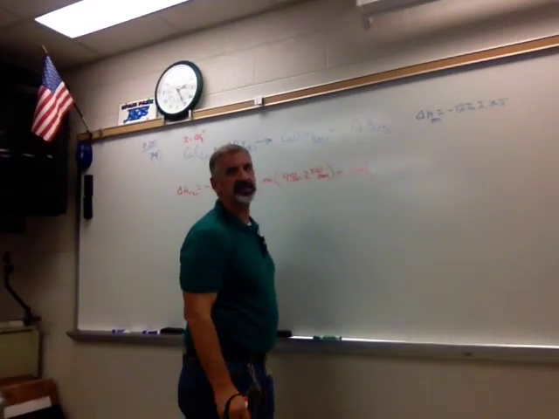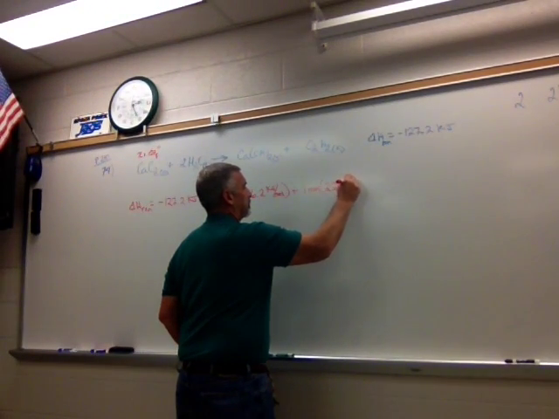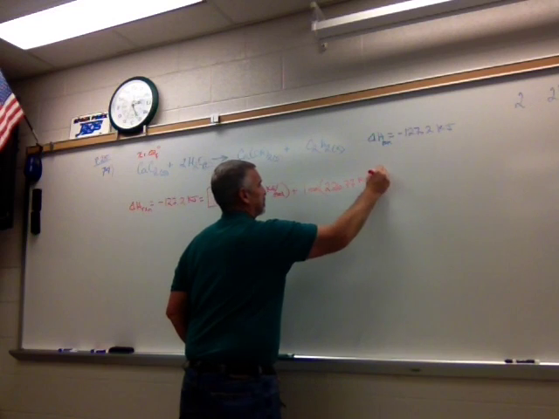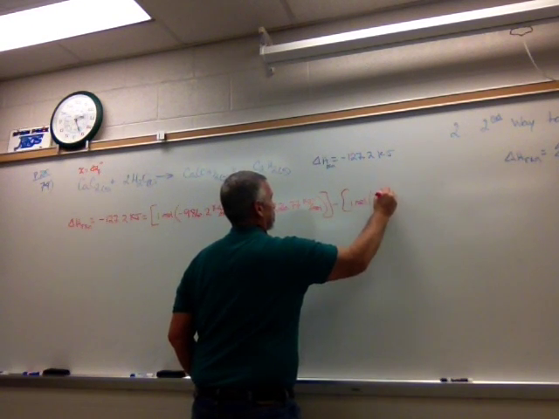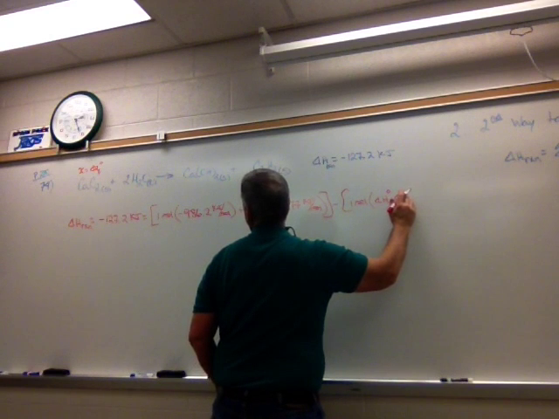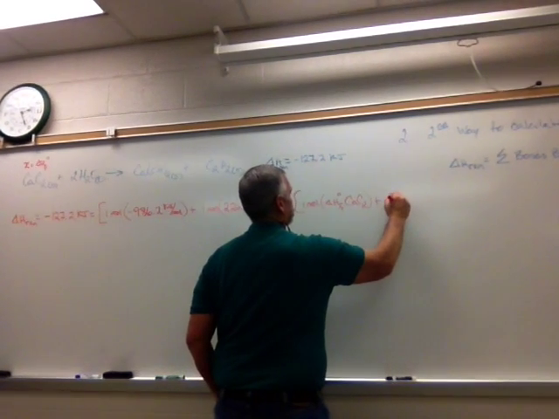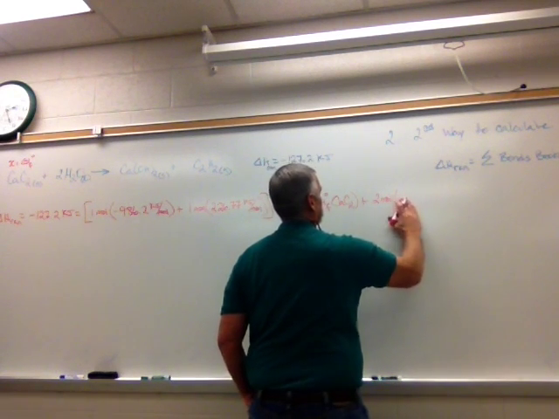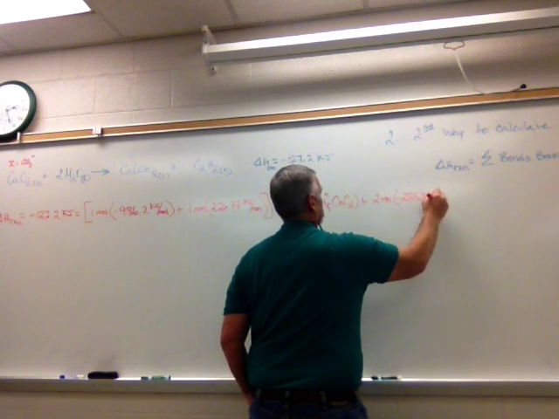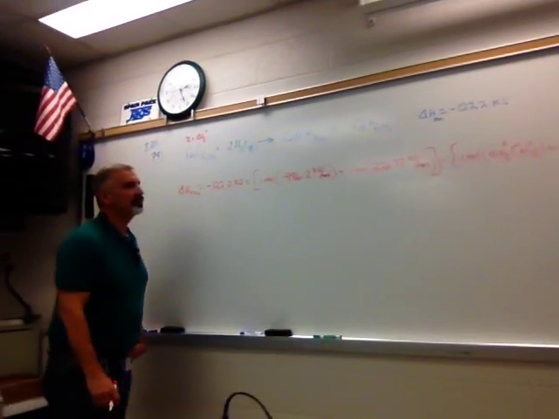And for C2H2 acetylene, 226. Minus okay, one big old long equation.